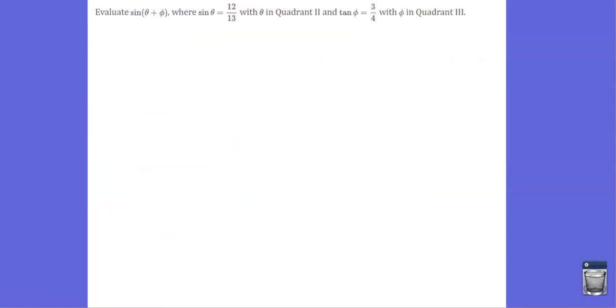All right, so let's look at our last example. Notice this says evaluate this. Notice we have two angles added together with the sine. So we're going to evaluate those in the exact quadrant where they're talking about.